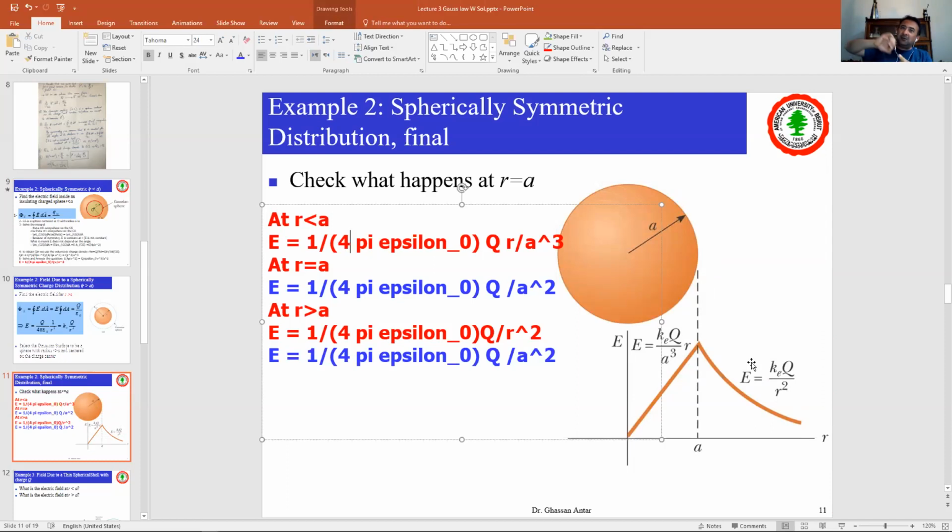The reason why it increases linearly with radius is that the bigger R is, the more charge you have inside the Gaussian surface, and consequently the stronger the electric field, until it reaches the maximum value. And then from this maximum value, it decreases with 1 over R squared.